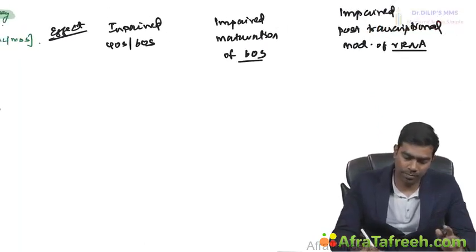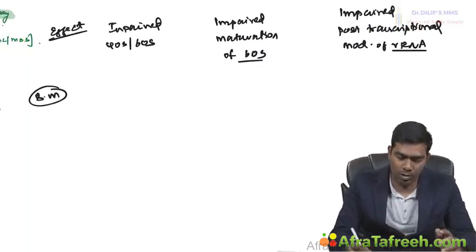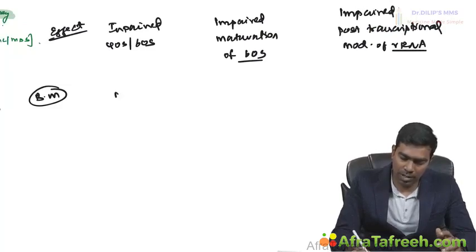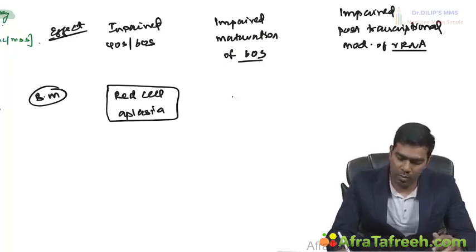And next thing, what are the effects on the bone marrow? Here typically you will get red cell aplasia, that is you will get macrocytic anemia. That's the only thing that you will get in Diamond-Blackfan anemia. In Shwachman-Diamond syndrome, the most important is the neutropenia.